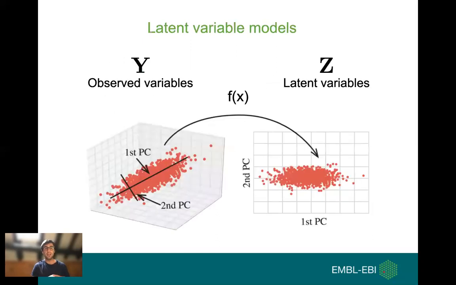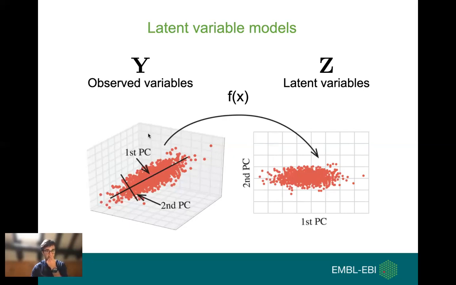So I think the most useful class of models that have been used for multi-omics data integration is what is called latent variable models. The idea of this statistical framework is that you start from a very complex high-dimensional space, and you want to reduce the dimensionality of this data and bring it to a low-dimensional space.